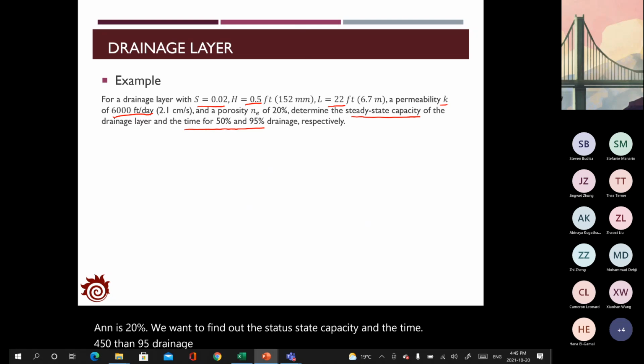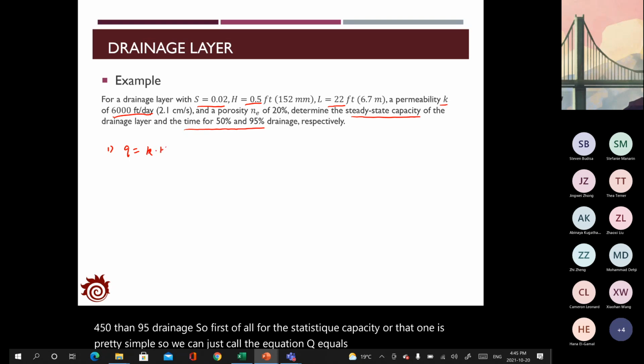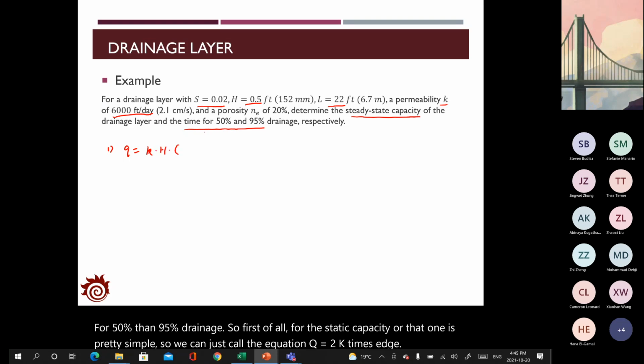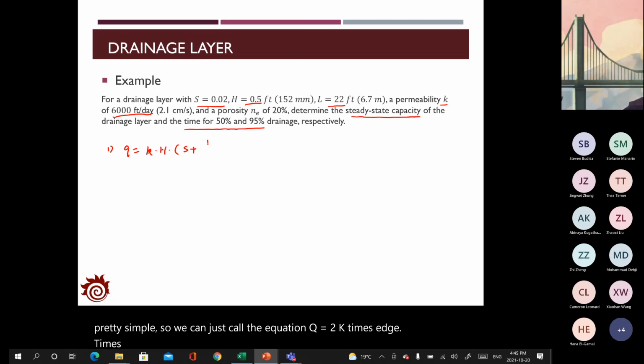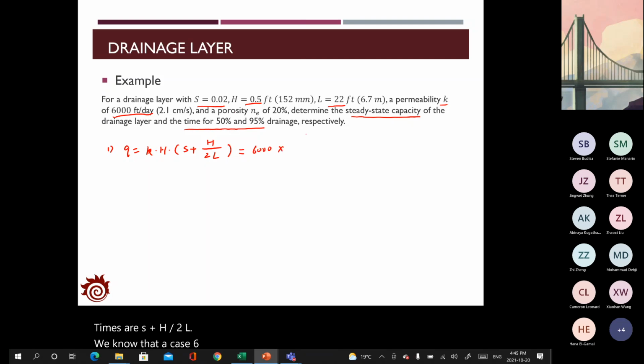So first of all, the steady state capacity is pretty simple. We can just use the equation Q equals K times H times (S plus H divided by 2L). We know that K is 6,000, H is 0.5, S is 0.02, and L is 22.